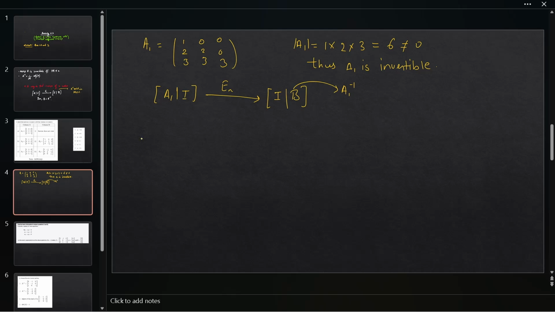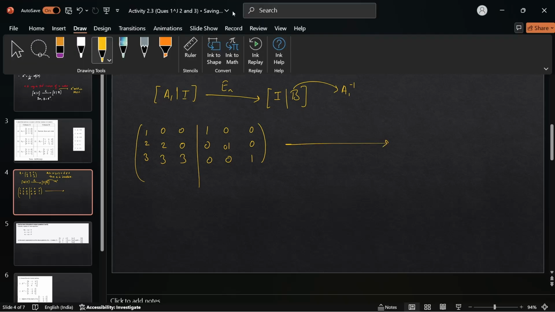So let's get started. Here we have the matrix 1, 2, 3, 0, 2, 3, and 0, 0, 3, and we are going to augment it with the identity matrix of order 3: 1, 0, 0, 0, 1, 0, and 0, 0, 1. We are going to perform some operations here.